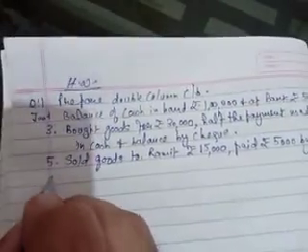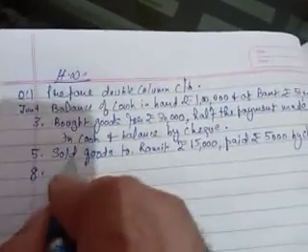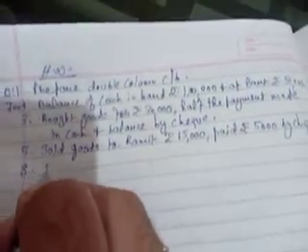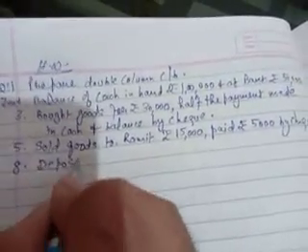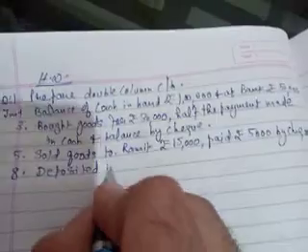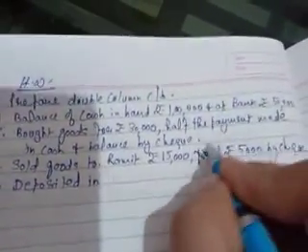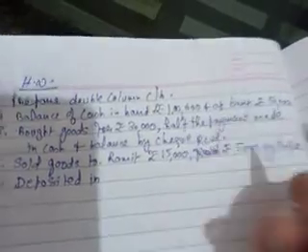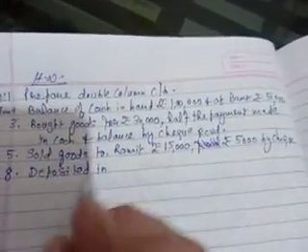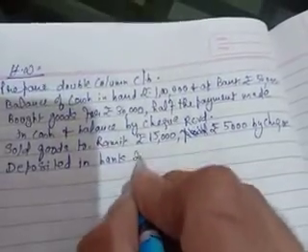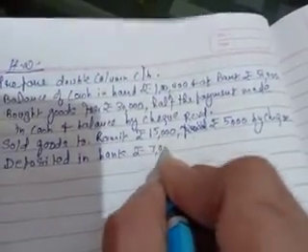Next, 8th June, sorry, here it is, received rupees 5,000 by check. Deposited in bank rupees 7,000.